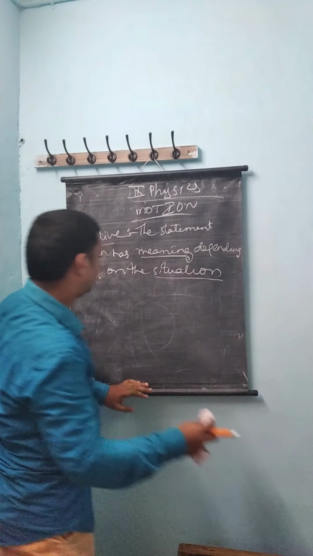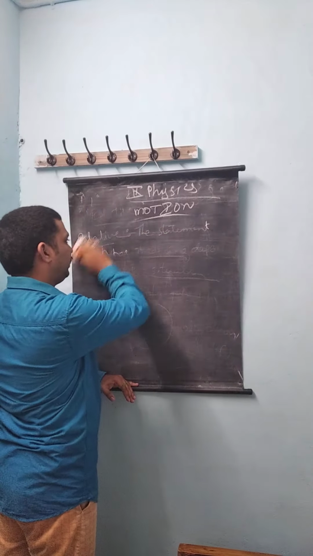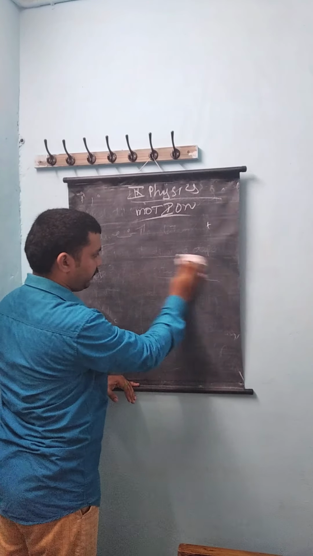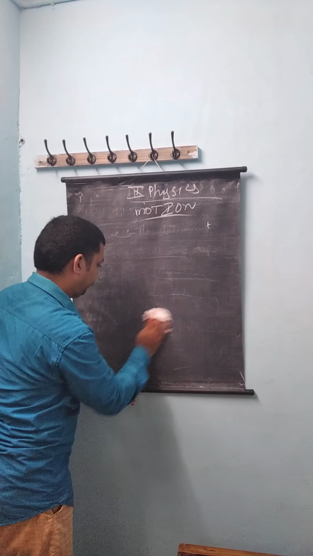Okay, now let's consider an example. How can we decide the relative motion depending upon the situation?